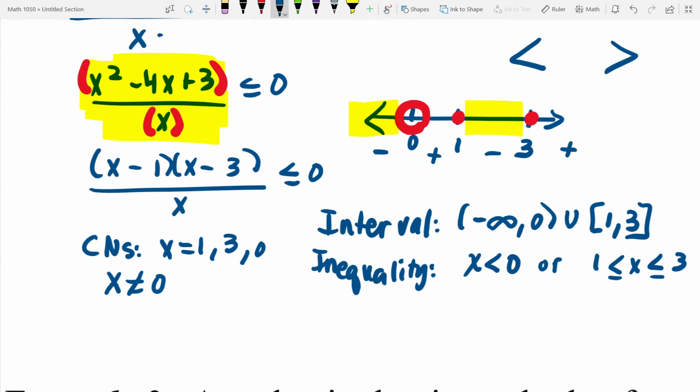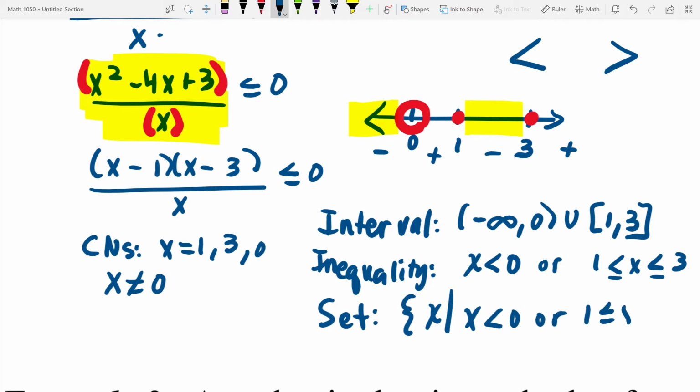Why is it not an and? Could it be possible that I'm in the left region and in the right region? No, that's why it's not an and. Okay? And then set notation is exactly inequality with the braces and the x such that. So this is x such that, x is less than 0, or 1 is less than or equal to x is less than or equal to 3.